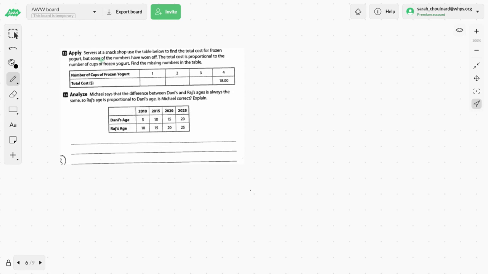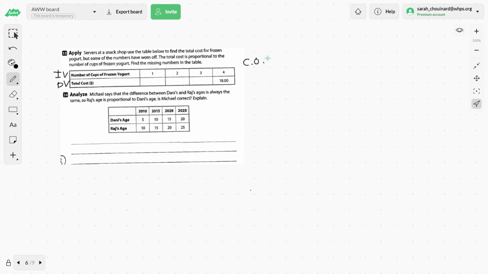Okay, so here they want us to calculate the C.O.P and use it to fill in the table. So we need to look and see what's the IV, what do I control, and what's the DV. I control how many cups of yogurt I buy. They determine the cost.